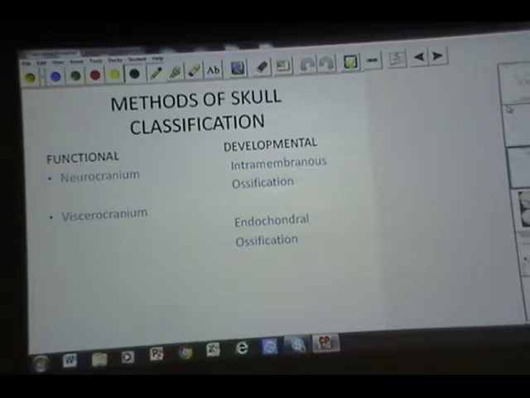Then that removed cartilage is replaced by osteoblasts and then bone. It's a little bit longer process, but it's definitely necessary to allow for, in the case of the skull, the growth of the brain. In the case of the body, things like long bones, these epiphyseal plates between the head of a long bone and the body of a long bone allow for that bone to grow over a period of many years.